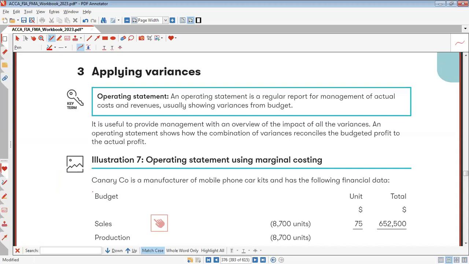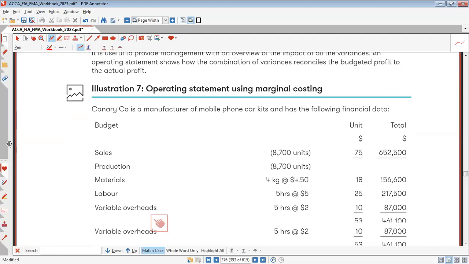So in an operating statement, normally what financial accountants call the P&L, which is a report to management of actual costs and revenues, usually showing variances from budget. As a management accountant, one of our responsibilities is to plan and then control. When you plan, you don't just plan for material.